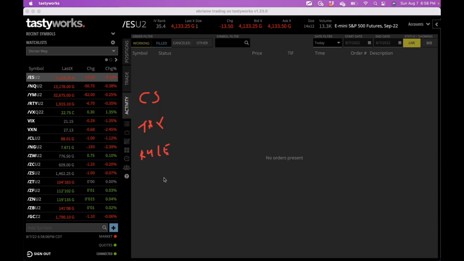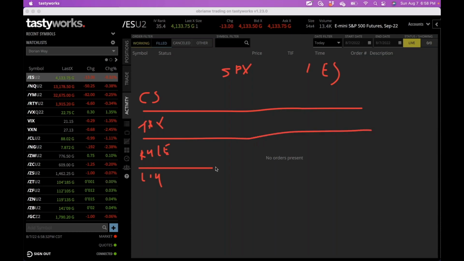And then you also have the liquidity. You know, how well can you trade the position, right? So you got the SPX here, and then I just put the /ES here, right? And let's break these down by making a spreadsheet here. So we're going to do something like this.